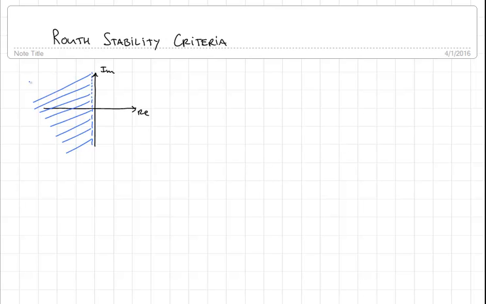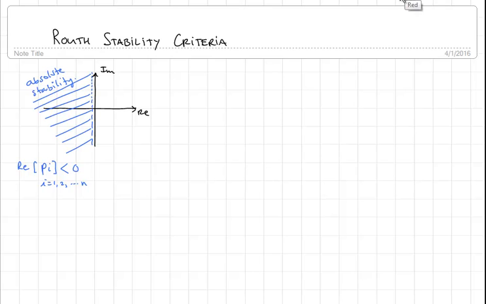All right, and this would be called absolute stability. So we'd say these are the poles p_i, for i equal to 1, 2 to n, are going to all have real parts that are less than 0.